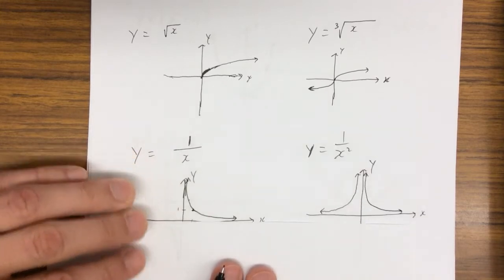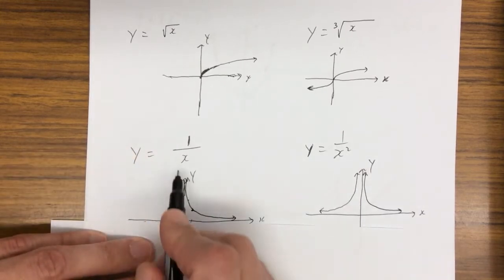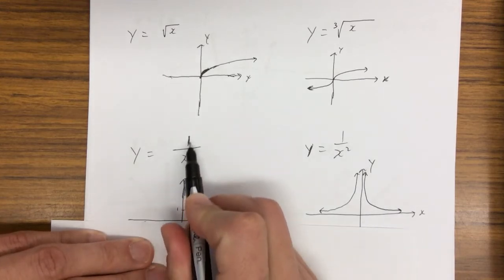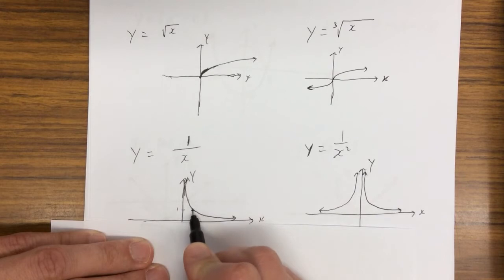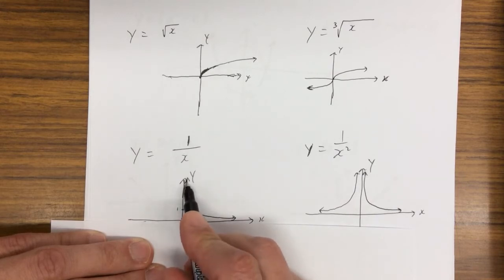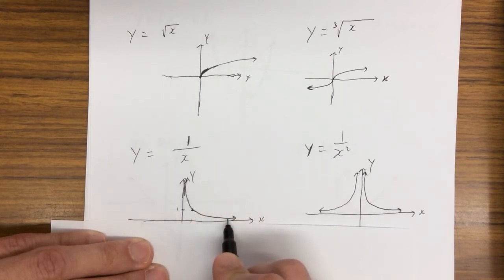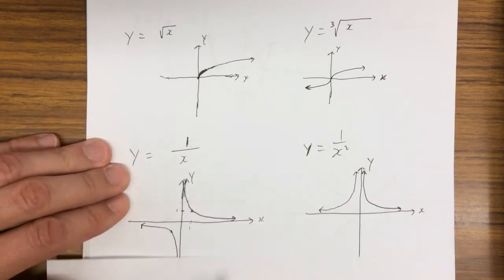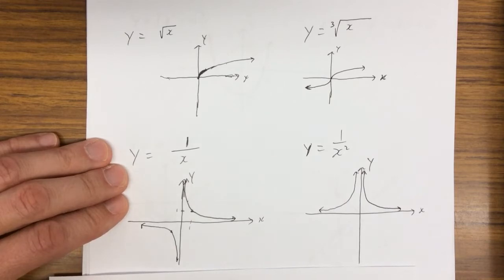So we get this for the graph of 1 over x when x is positive. When x is 1, 1 over 1 is 1. So 1 over small numbers, big. 1 over big numbers, small. And then 1 over negative numbers, well, it's the same idea, but it's over here.